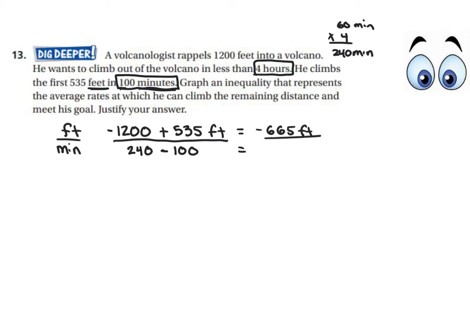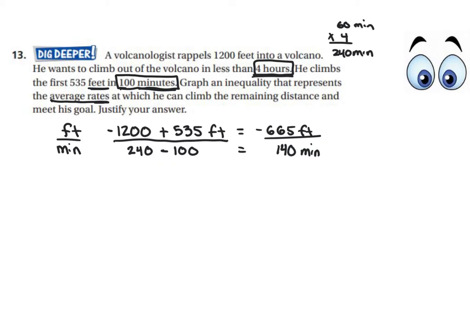What that tells us is 140 minutes to go before he hits that 4-hour mark. We have a rate, 665 feet. That's how much he has left to go in 140 minutes. It's asking us for an average rate.